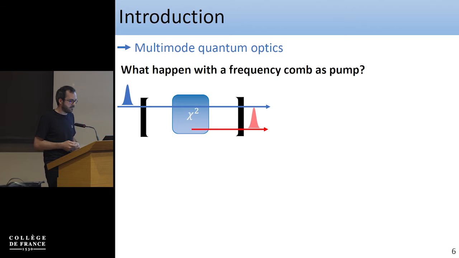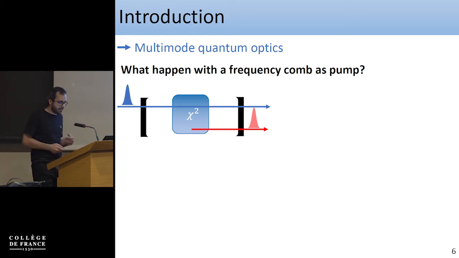Now, as I told you, we are multimode. So I still have my OPO cavity, but now in the multimode case, I'm pumping my cavity with a blue frequency comb. The output state will have modes that are also a frequency comb in the red.